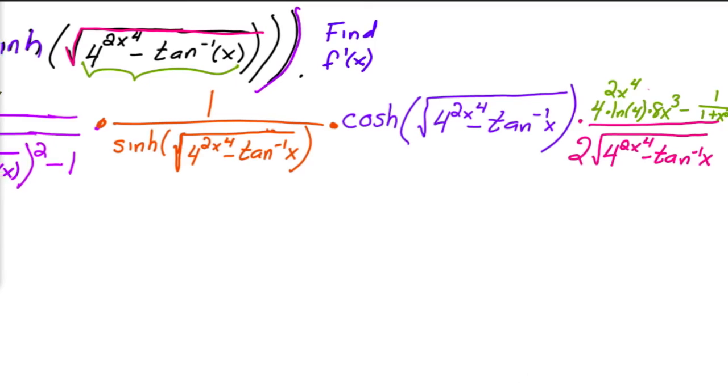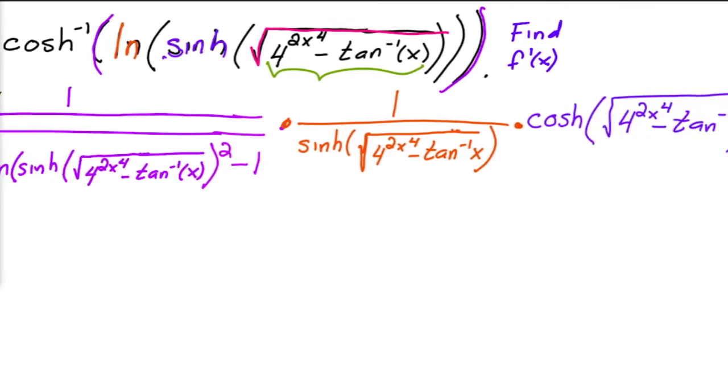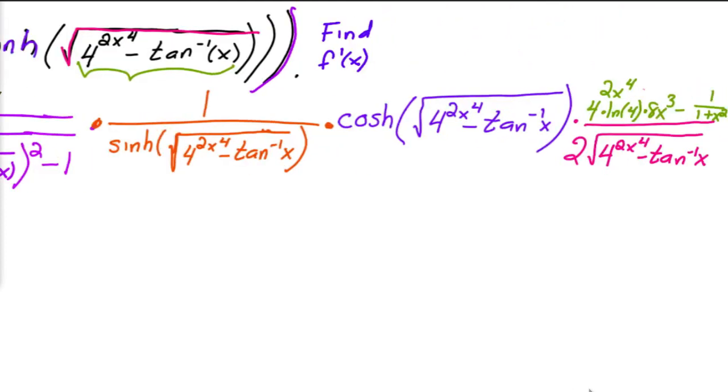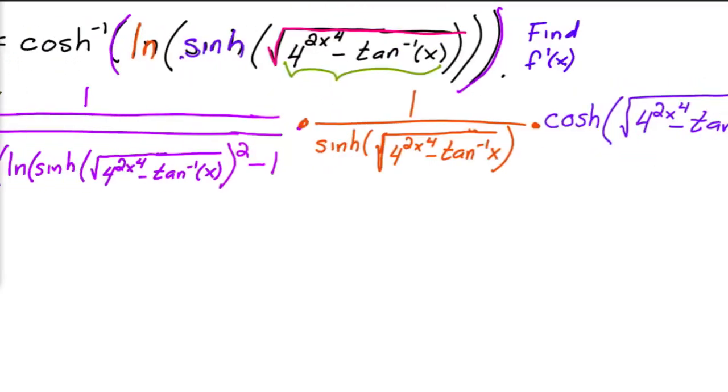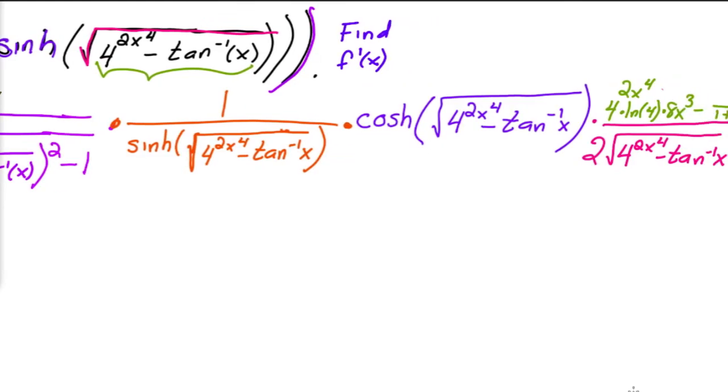And that right there is the derivative of that monster. That whole thing right there. Now, where are you going to use this in real life? Well, never. But it's still fun. Fun times with the chain rule and all the other rules.